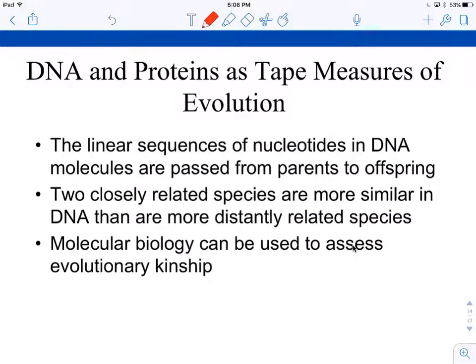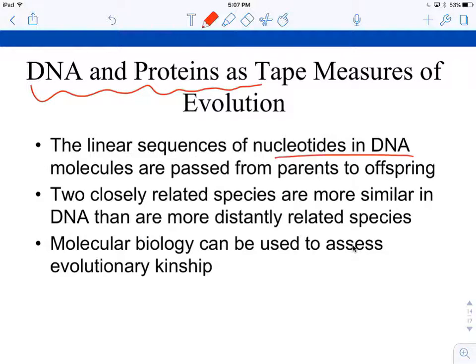What else? Just a couple of quick notes here at the end. So DNA and proteins serve as tape measures of evolution. You can see how things evolved and see which organisms are related by looking at their DNA, even by looking at their proteins and their molecules.